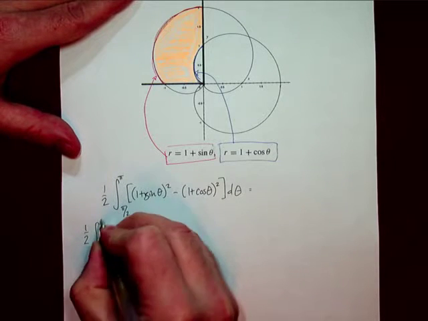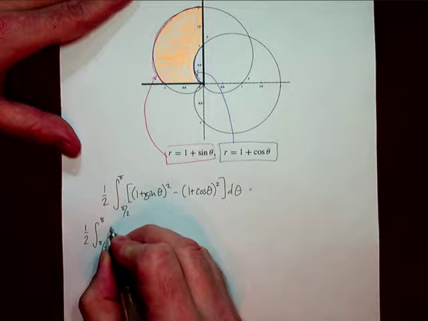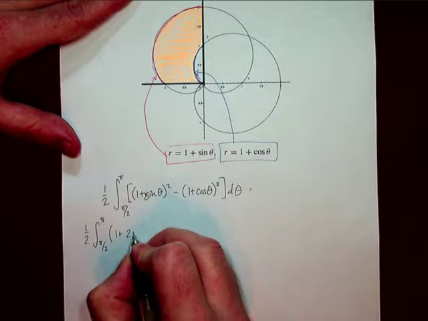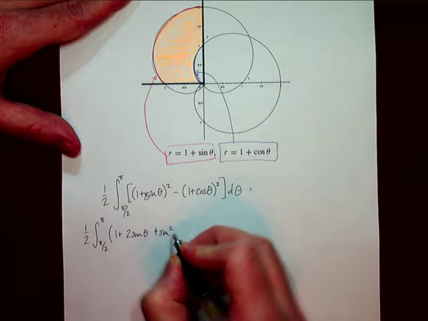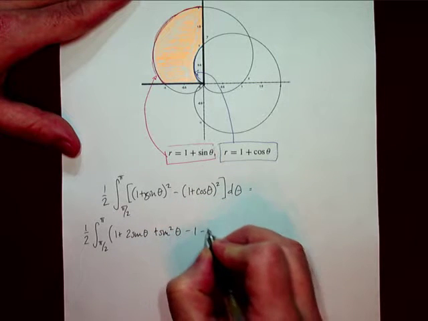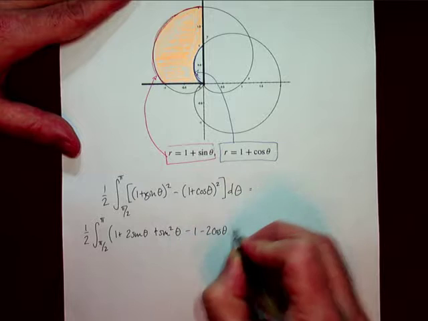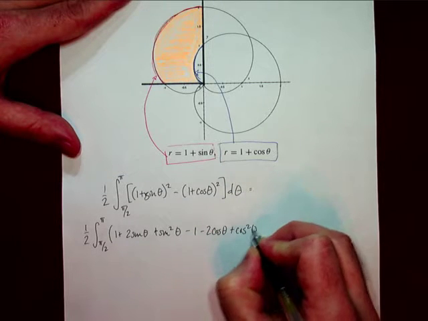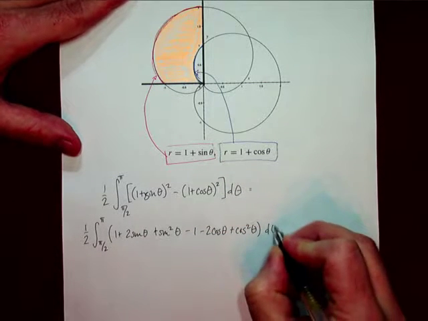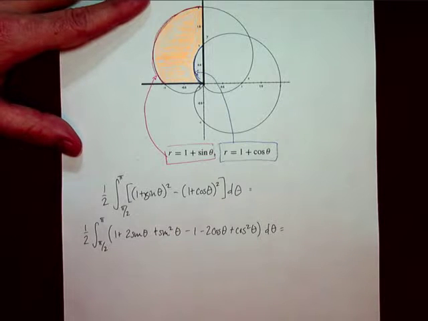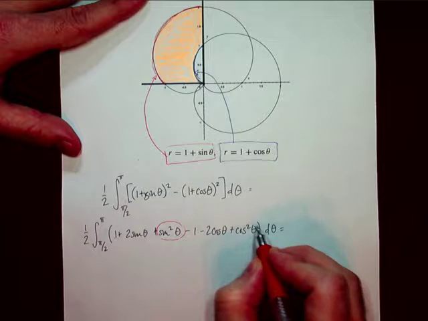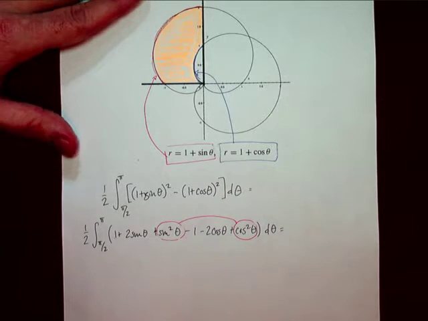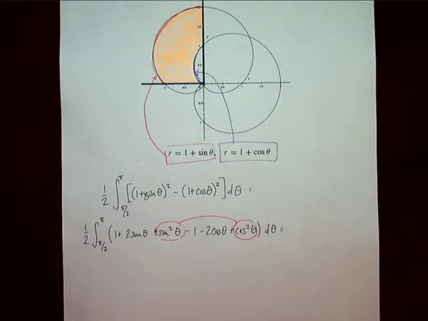And what you get here is 1 plus 2 sine theta plus sine squared theta minus 1 minus 2 cosine theta plus cosine squared theta. And it's not too ugly, right? But it's not pretty. And what happens is this one and this one cancel out. These two go together, okay?